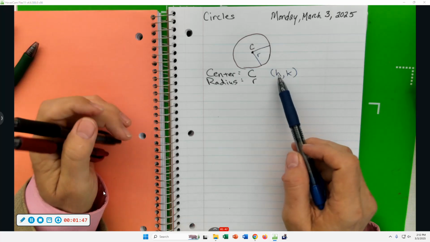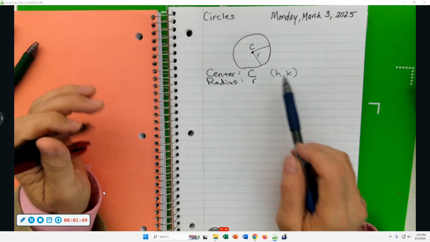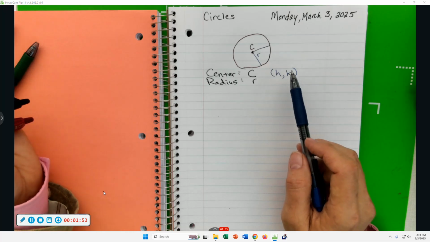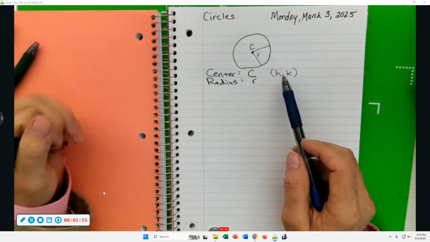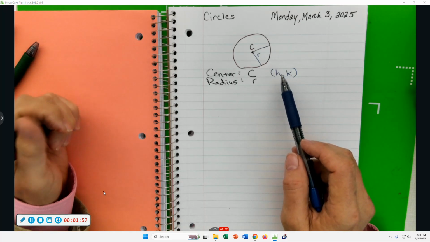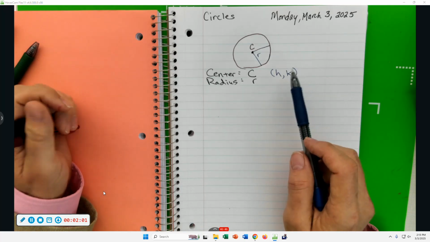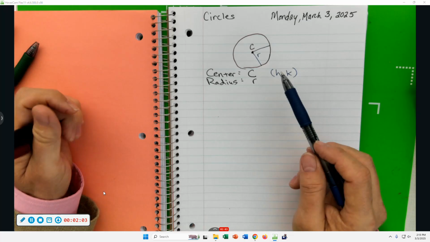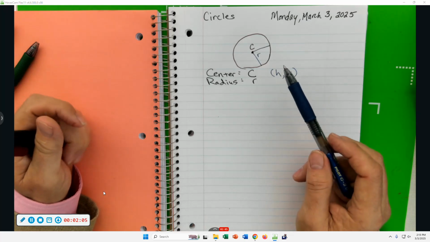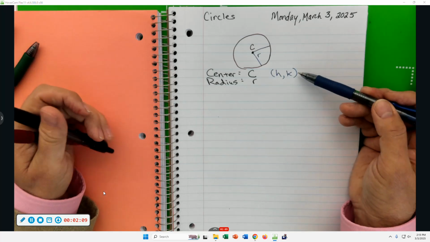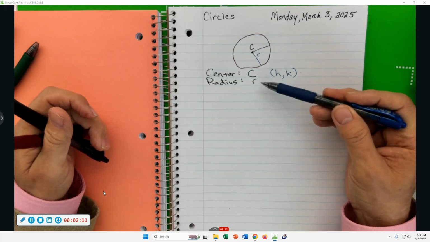Okay, so we have to know to write. When we're working with taking an algebraic approach, we always have equations and variables. So with this algebraic approach to circles, we're going to have something called the center radius form for the equation of a circle. To write the center radius form of a circle, you have to know the center and the radius.